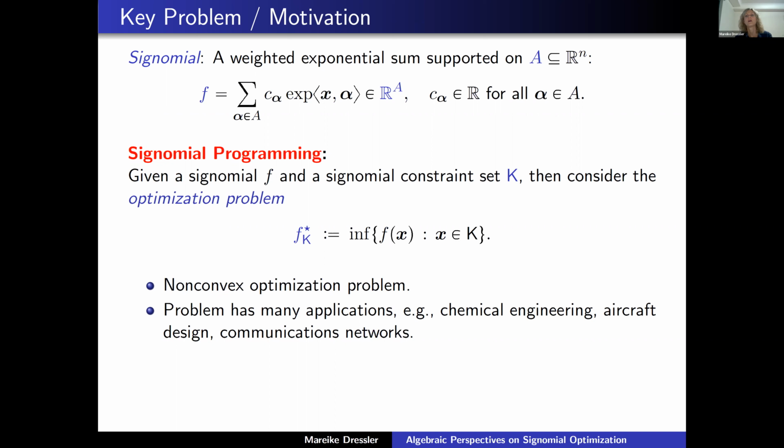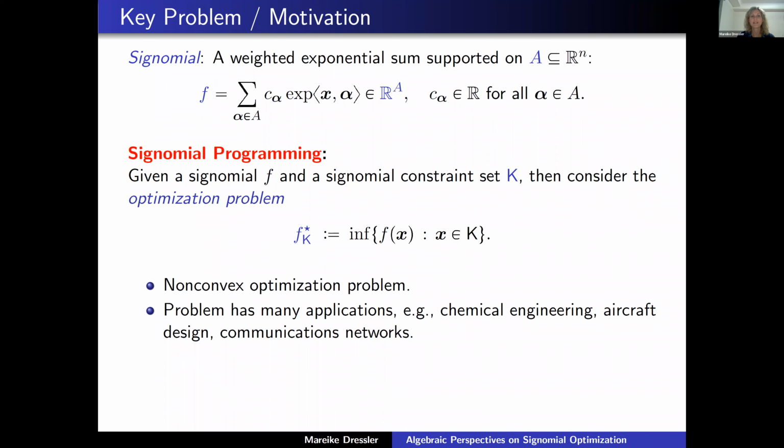And the approach to this signomial programming is now not via the typical, maybe for you familiar, non-linear approach. Namely, it comes more from this polynomial optimization point of view.